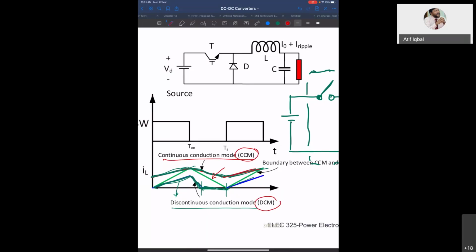The first one is the CCM and the lower one is the DCM, and in between, the current just touches zero and then again increases. That's the critical conduction. This is the boundary condition, because if the current stays for a longer duration at zero, then it becomes discontinuous. If the current is just above zero, it is called continuous. So this is the boundary between continuous and discontinuous, and this is also called critical conduction.